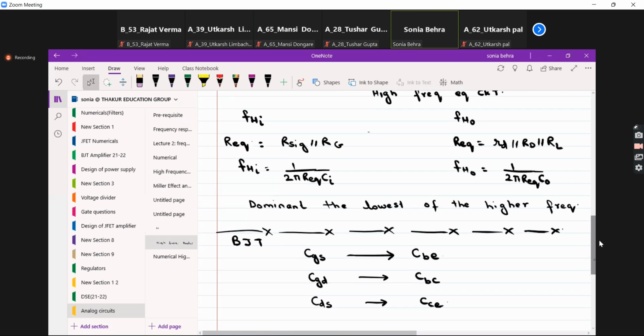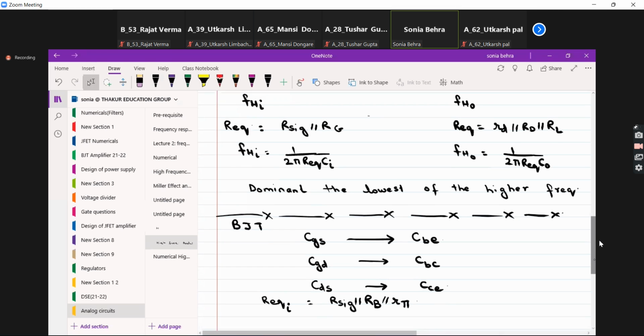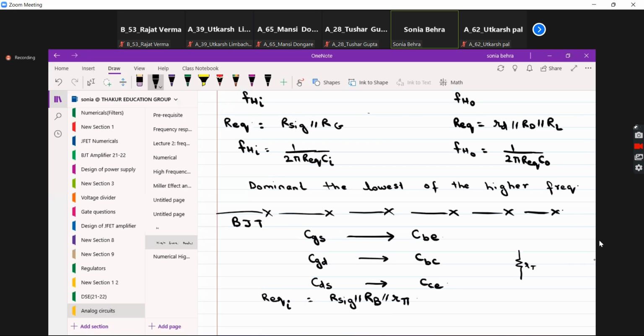Okay, after that your R equivalent at the input side, I'm writing your input, it will be equal to R signal, same आएगा, in parallel to RG के बदले में हम उसको RB बुलाते हैं। Okay, instead of RG we call it as RB. एक और टर्म यहाँ पे आ जाएगा which is small r pi, क्योंकि वहां पे बीजेटी में वो नहीं होता है, ओपन सर्किट नहीं होता है। बीजेटी का अगर आप इक्विवेलेंट देखोगे तो यू नो देयर इज r pi ओवर हियर एंड देयर इज अ करंट सोर्स लाइक दिस, तो ये r pi भी पैरेलल में आ जाएगा आपके। और R equivalent at the output side will be equal to, इधर RO आ जाएगा RD के बदले में, इधर RC आ जाएगा in parallel to RL.